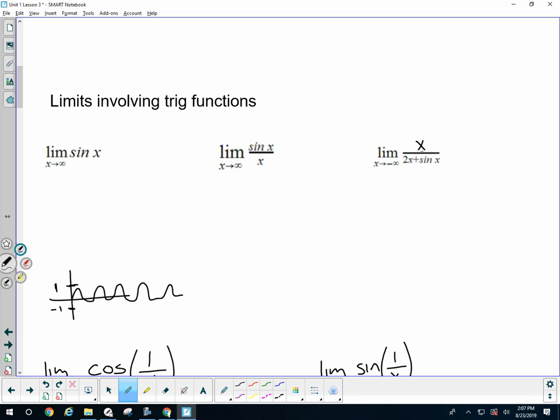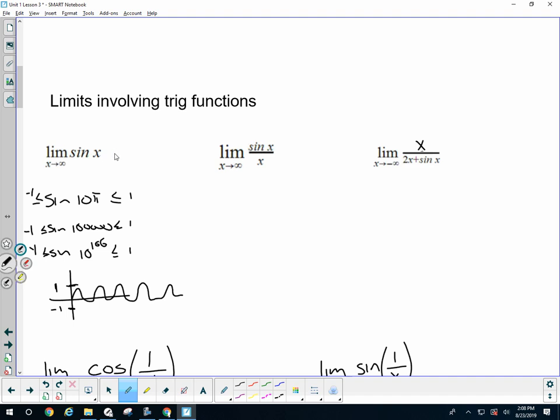No matter what value I plug into sine, whether it's sine of 10, sine of 1,000, 10,000, sine of 10 to the 100th, you know that it's between or equal to -1 and 1.